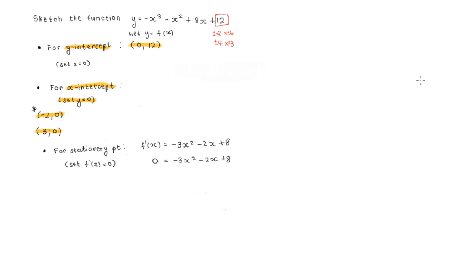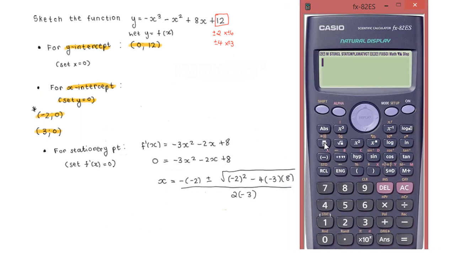I don't really feel like factorizing this, so let's use our quadratic formula. The quadratic formula will tell us that x is equal to minus b, which is minus 2, plus or minus the square root of b squared minus 4 times a times c, divided by 2 times a. We get an x value of minus 2, which we already know about actually.